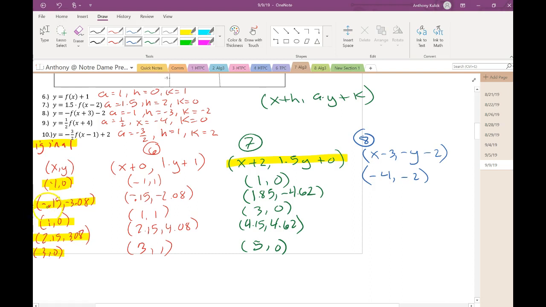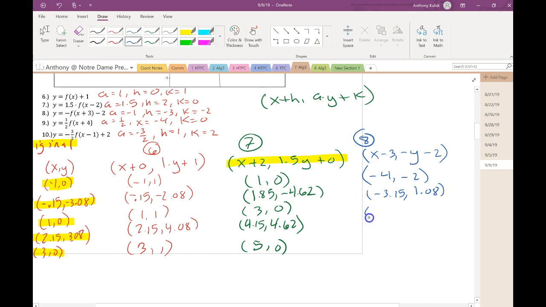If I plug negative 0.15, comma negative 3.08 in, I get negative 3.15, comma positive 1.08.